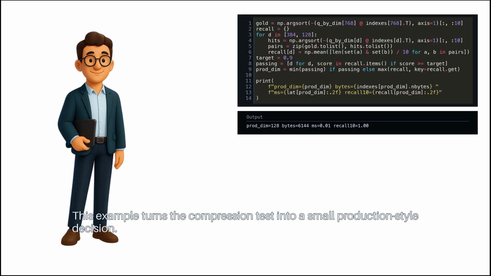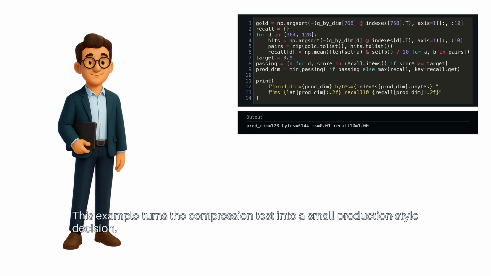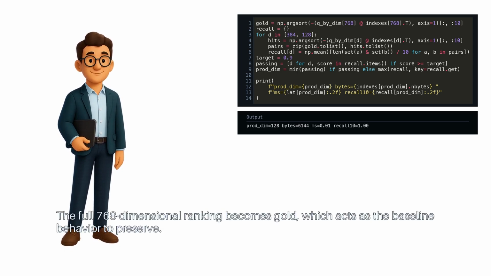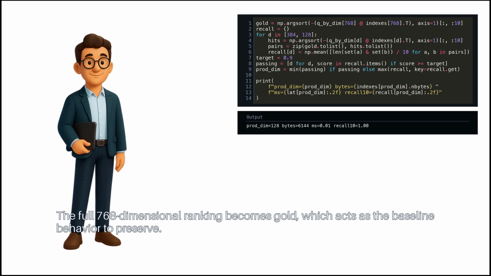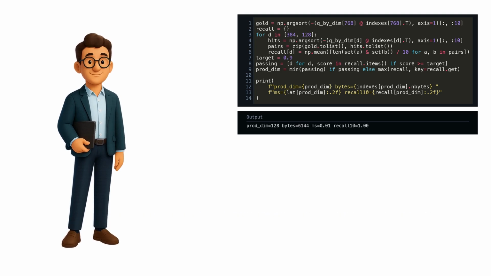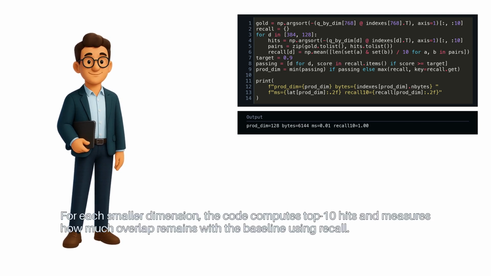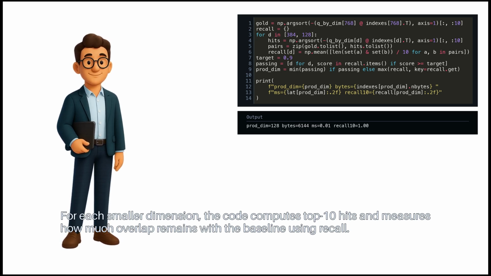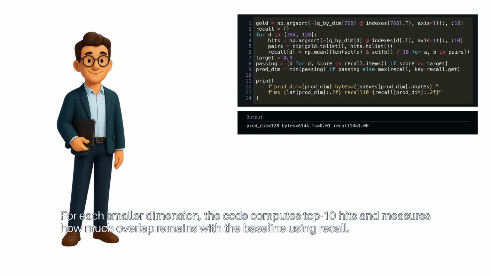This example turns the compression test into a small production-style decision. The full 768-dimensional ranking becomes gold, which acts as the baseline behavior to preserve. For each smaller dimension, the code computes top 10 hits and measures how much overlap remains with the baseline using recall.